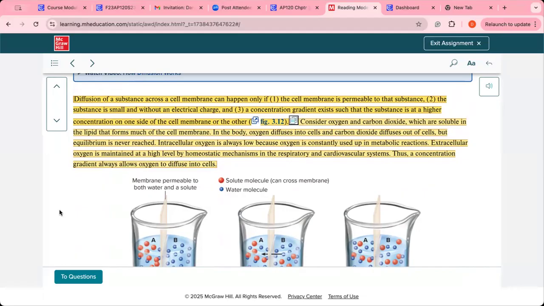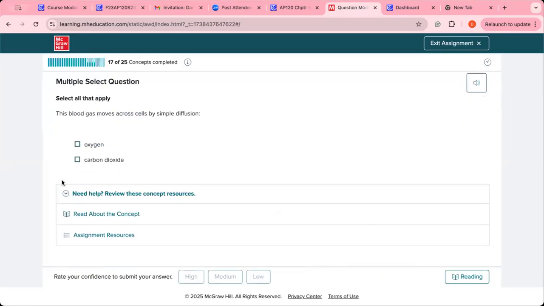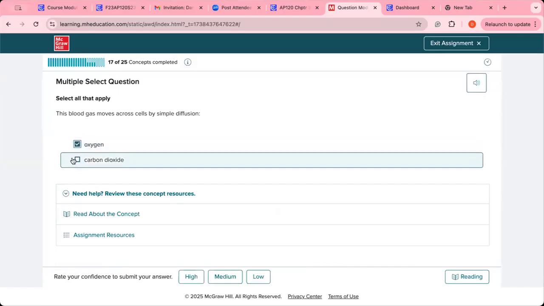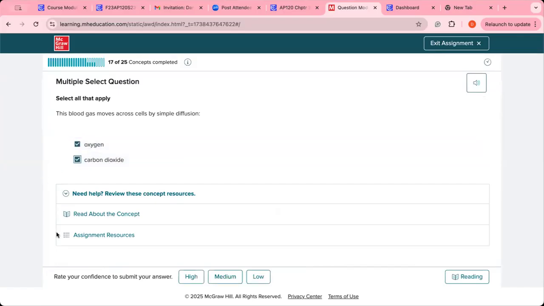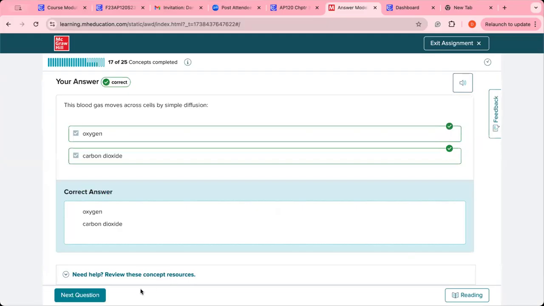So they both diffuse, oxygen and carbon dioxide. One moves in and the other moves out. It didn't specify which one. Both diffuse.